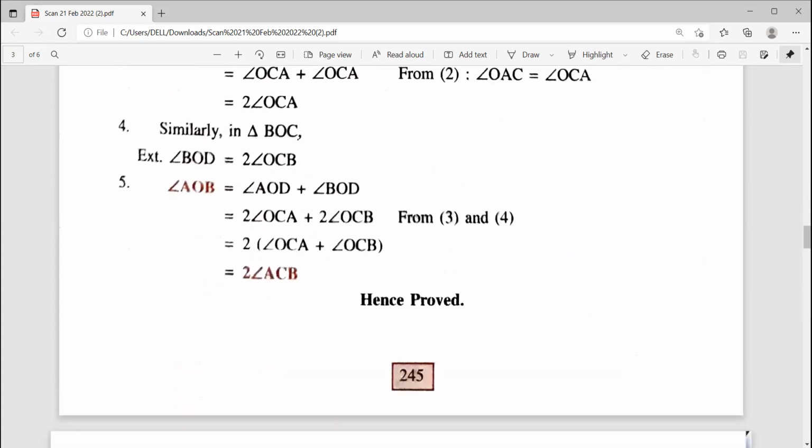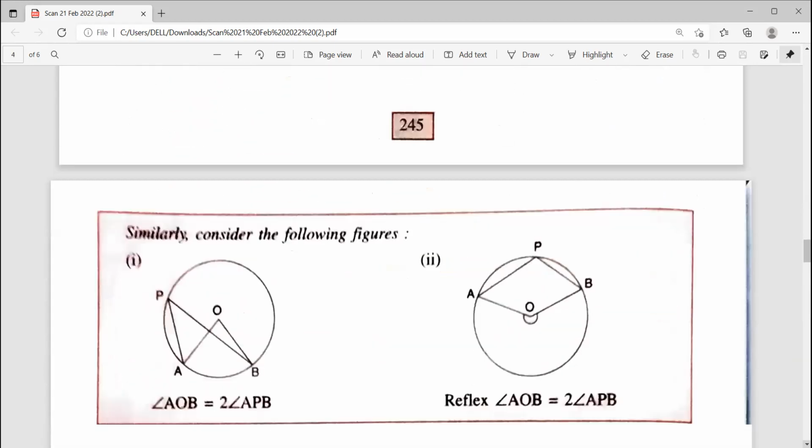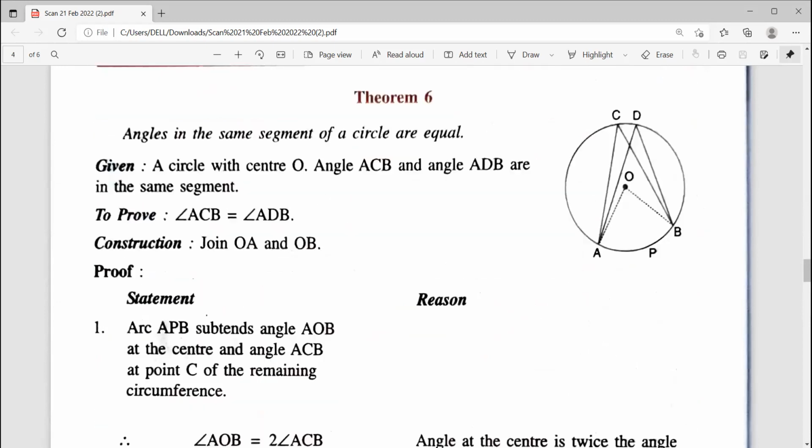After that, another theorem we did was that angles in the same segment are always equal. Now you can check, look at the arc APB. If I join this point A with B, I get a chord AB.